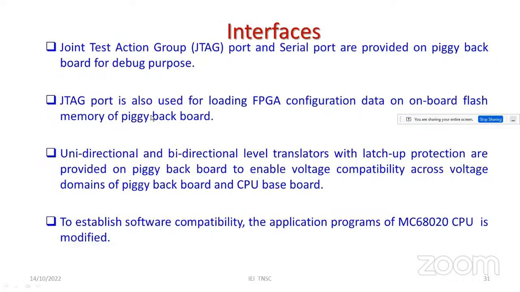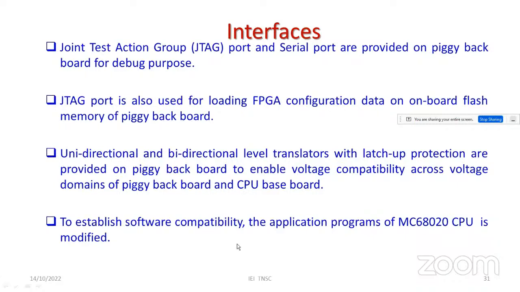A JTAG port and serial port are provided on the piggyback board for debug purposes. The JTAG port is also used for loading FPGA configuration data onto the onboard flash memory of the piggyback board. Unidirectional and bidirectional level translators with latch-up protection are provided on the piggyback board to enable voltage compatibility across the voltage domains of the piggyback board and CPU baseboard.